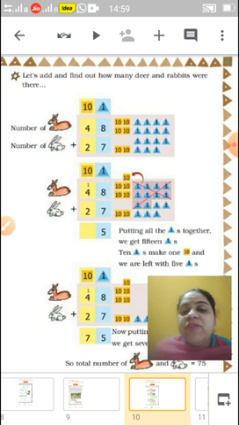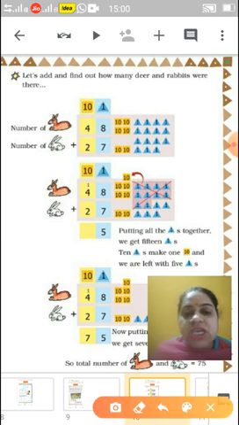Like if it is 40, they take 10 four times. If it is 20, they take two tens.